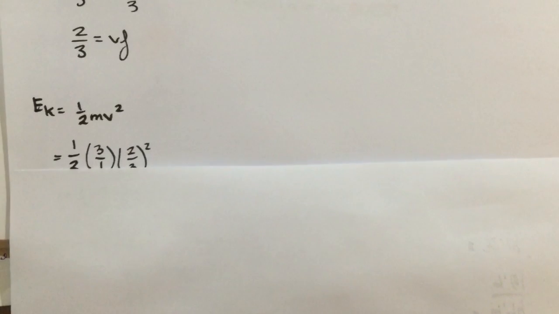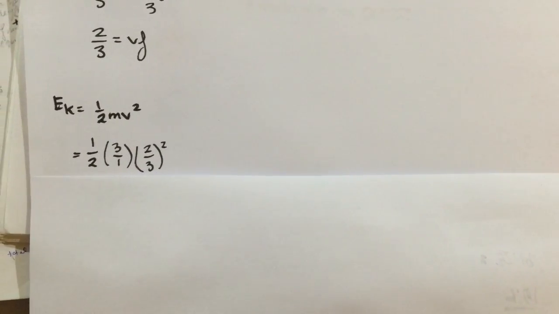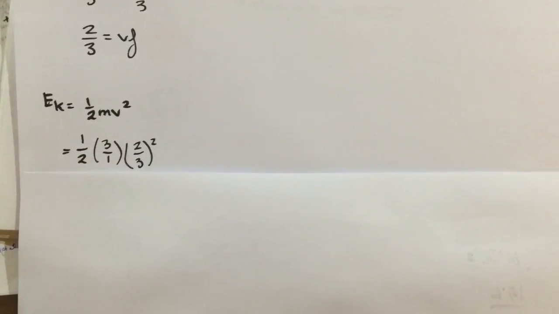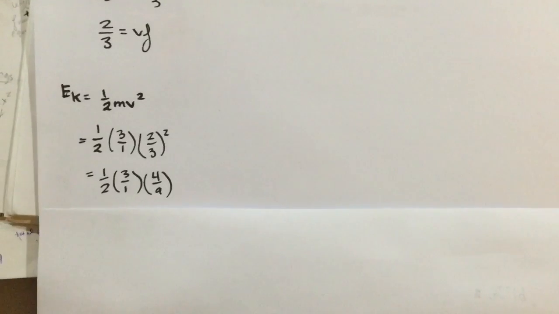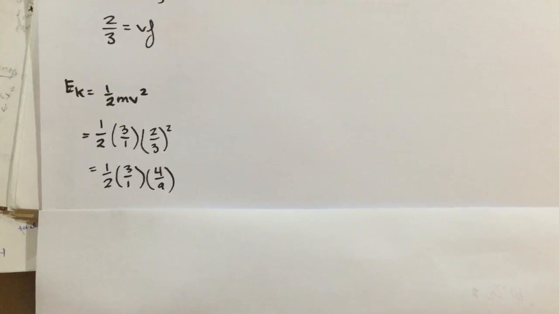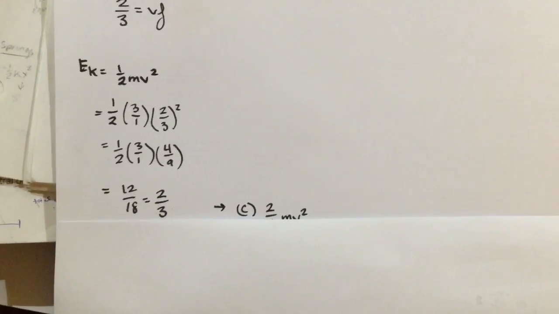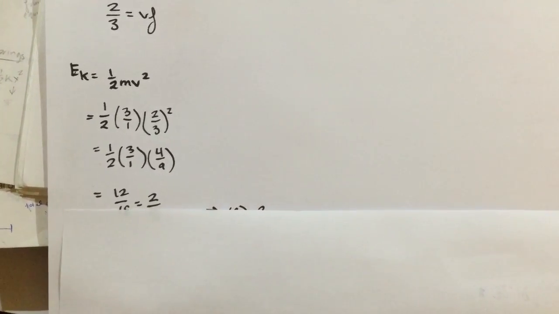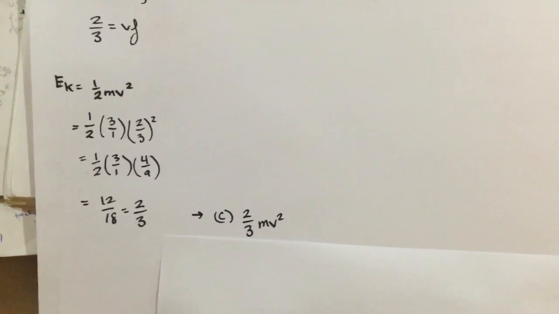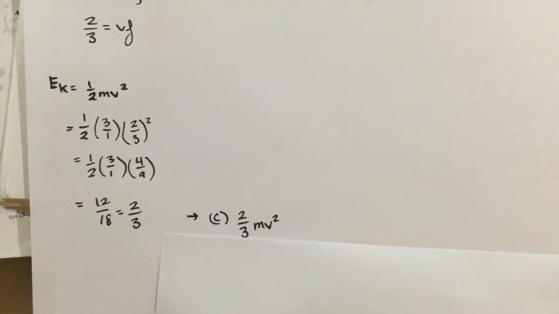So 1/2 the combined mass of 3 times the velocity afterwards, 2/3, squared. We get 1/2 times 3 times 4/9, equaling 12/18, which simplifies to 2/3. And then eventually the answer choice would be 2/3 mass times the velocity.